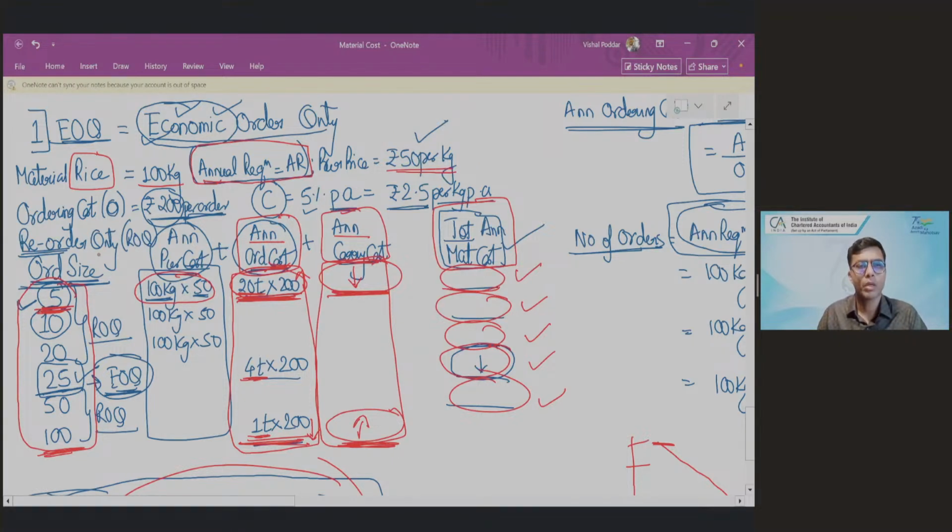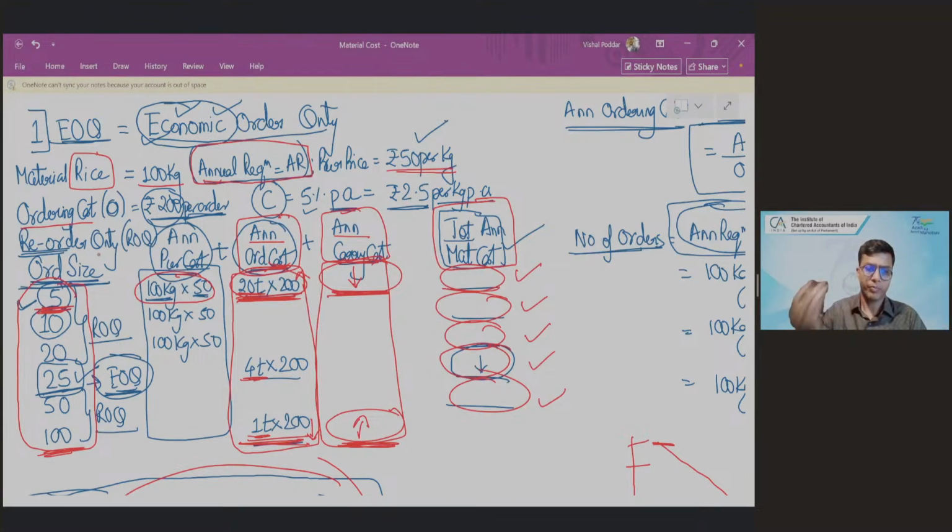Now, there are different costs which are associated with material. First is your ordering cost. What is an ordering cost? If I want to go and buy any quantity from the market, irrespective of the quantity you are going to order, you have to go to the market, select the quantity, bring it to your factory.